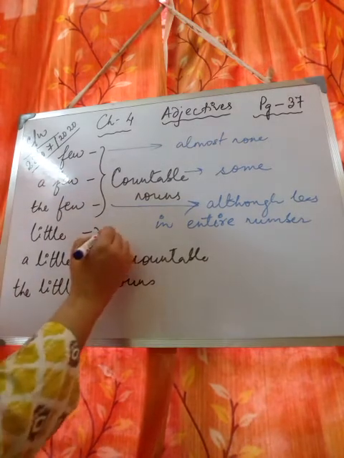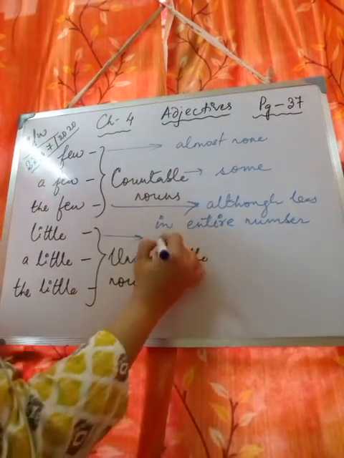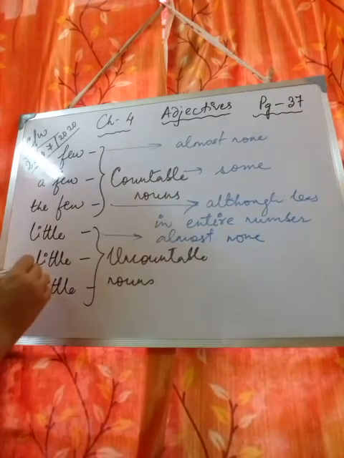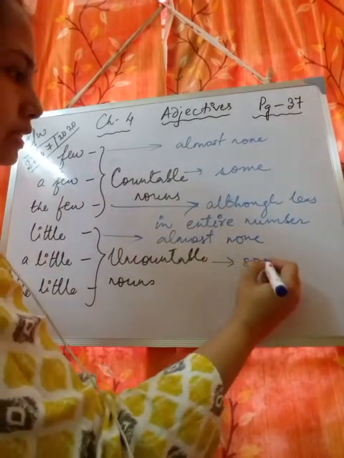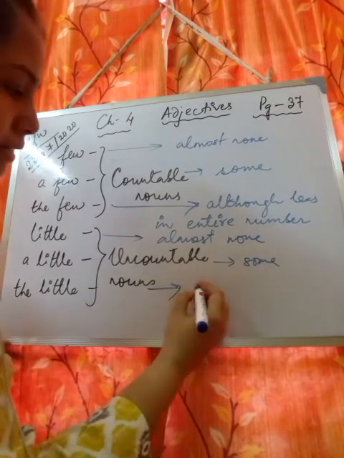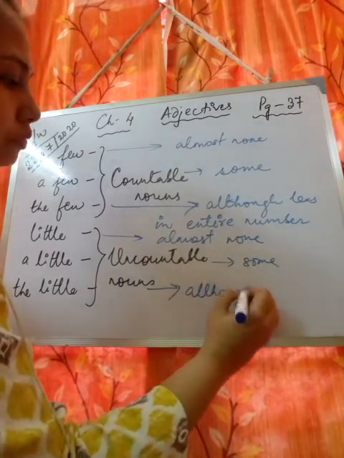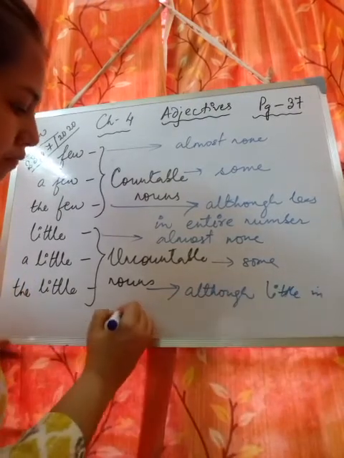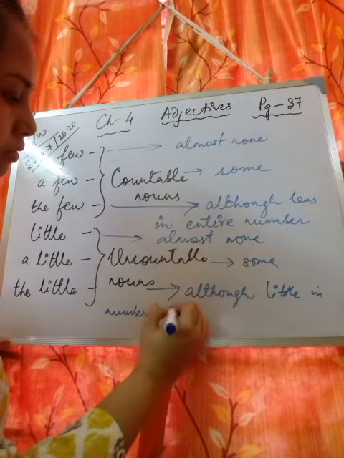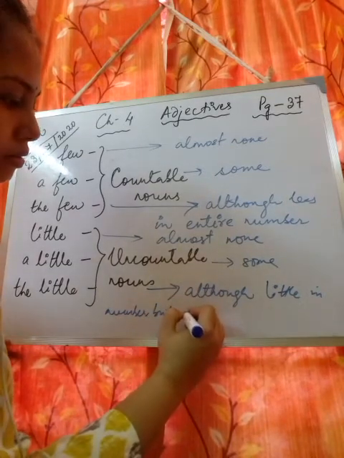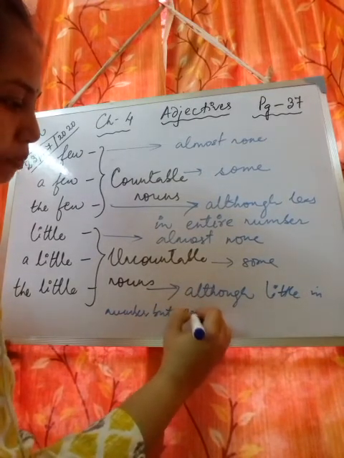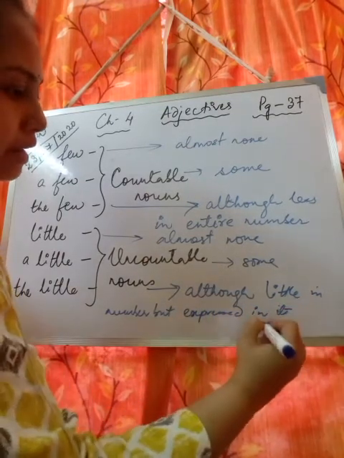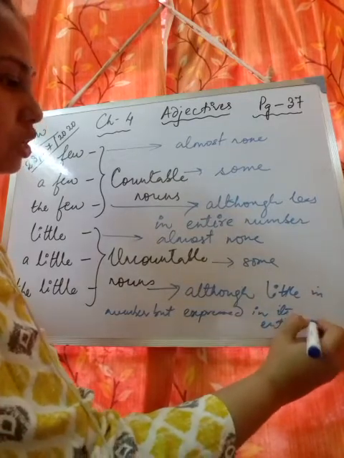Similarly, we use little, a little, the little. Little again, almost none or hardly none. A little, some. The little, although little in number, is expressed in its entirety as a whole.